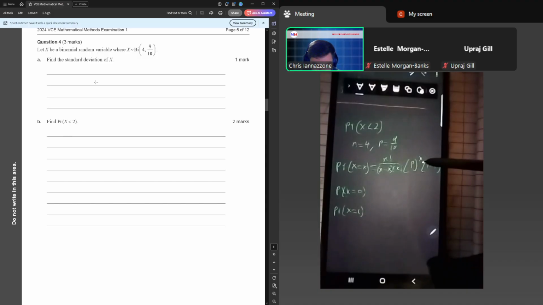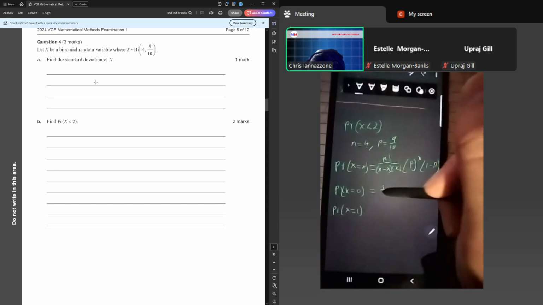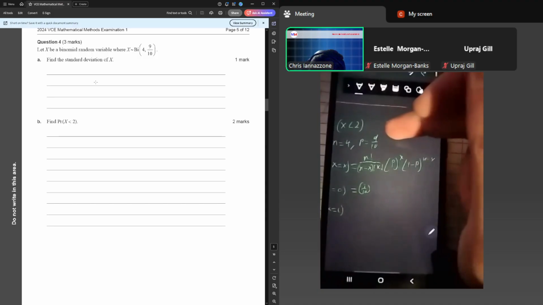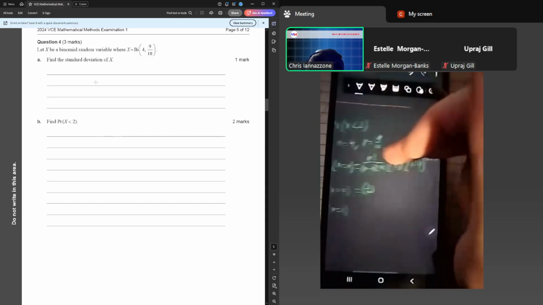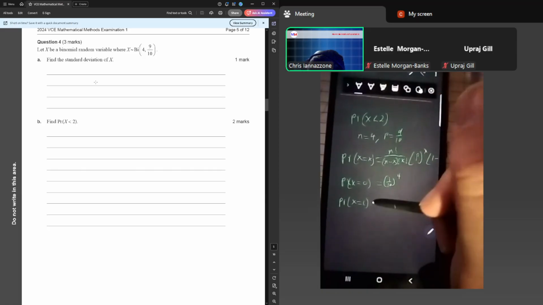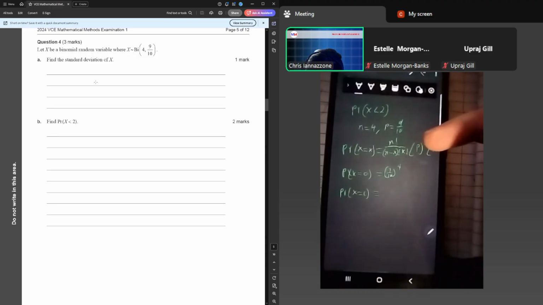Then anything to the power 0 is 1, so again, that's going to disappear because it's all multiplication here. And so finally, you're left with 1 minus p. So you have 1/10, and that's going to be the power of n minus x. So if x is 0, then you've just got 1/10 to the power of 4 there, which then just simplifies, but for now we'll just leave it there.